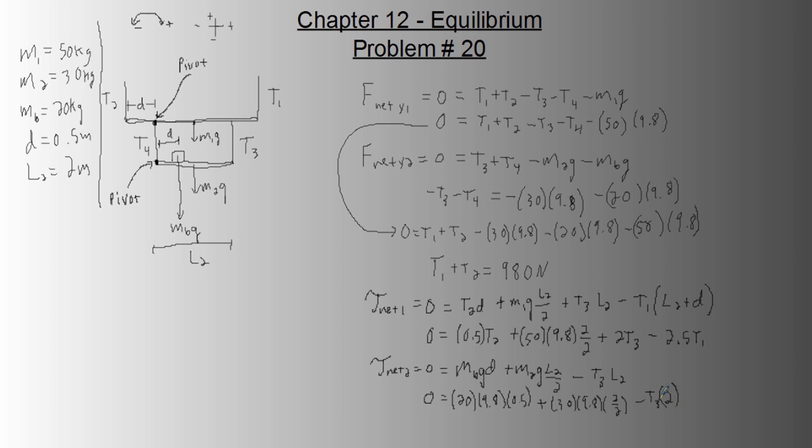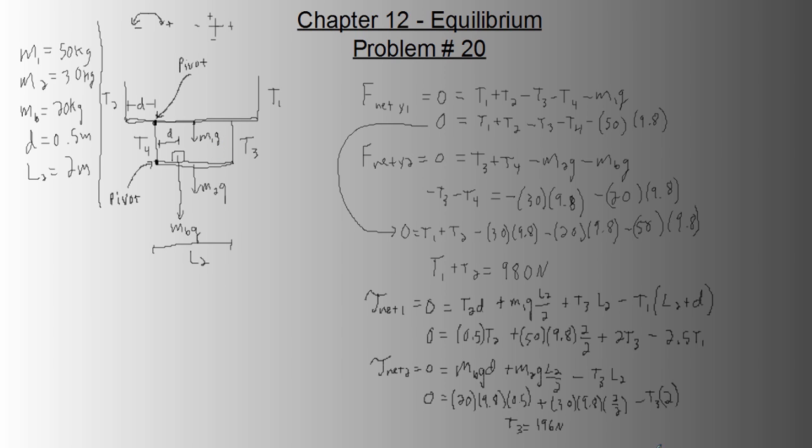I didn't put that in front this time. Whoops. Anyway, you could do all this algebra, not a big deal. Solve for T3, you get T3, I hope this is still on the page, equals 196 newtons. That's pretty cool.